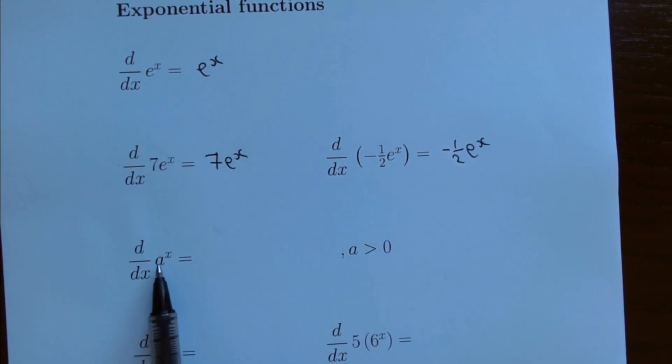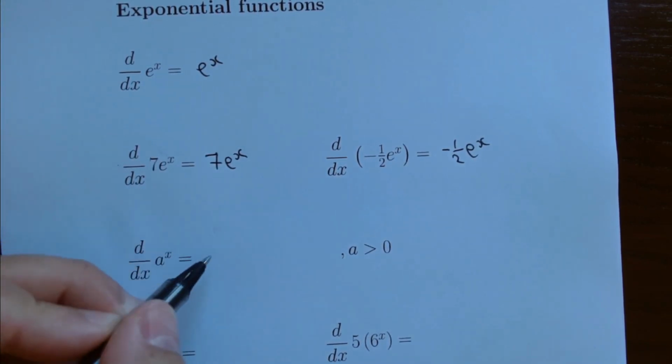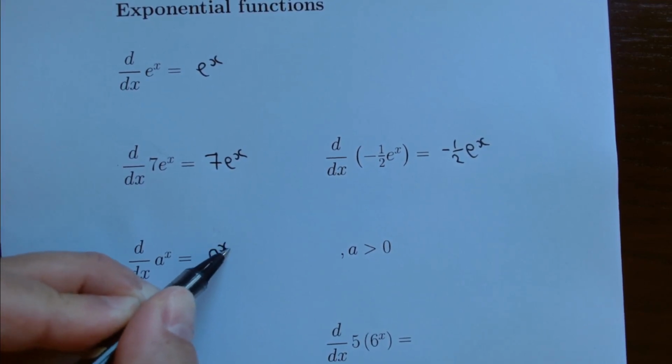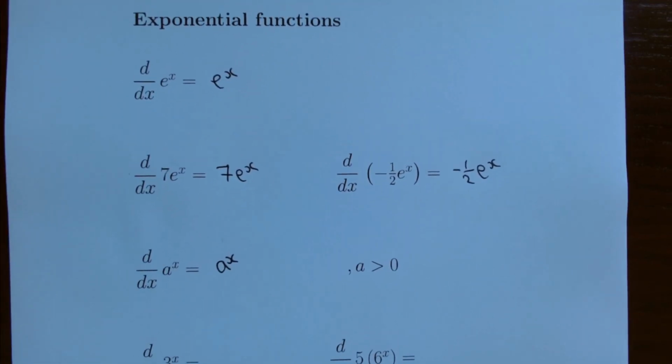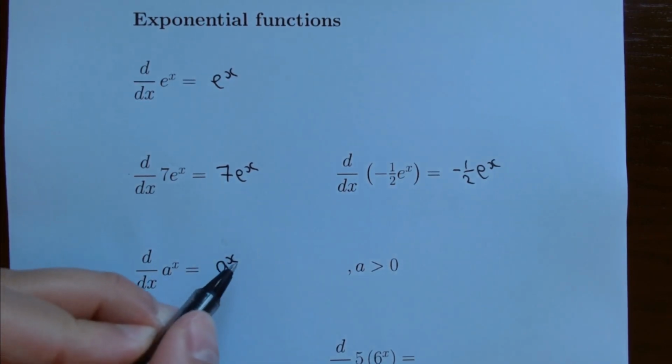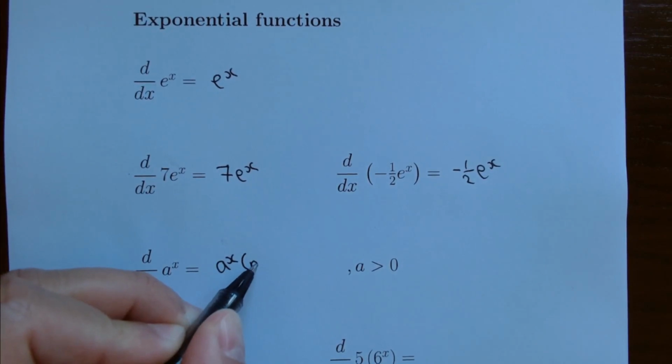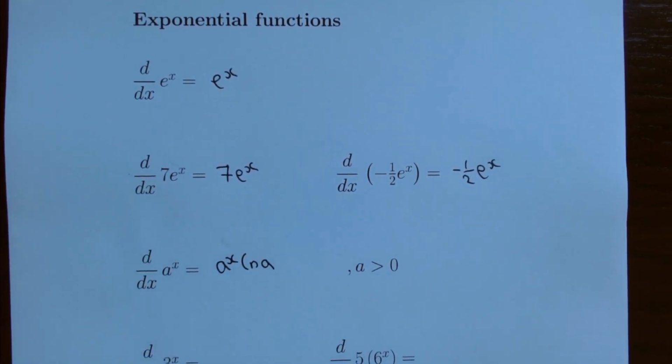If you differentiate a to the x, you get a to the x still, but we do get an extra factor, and that factor is going to be ln a. So that's just an extra factor that we get when we differentiate an exponential that the base isn't an e.